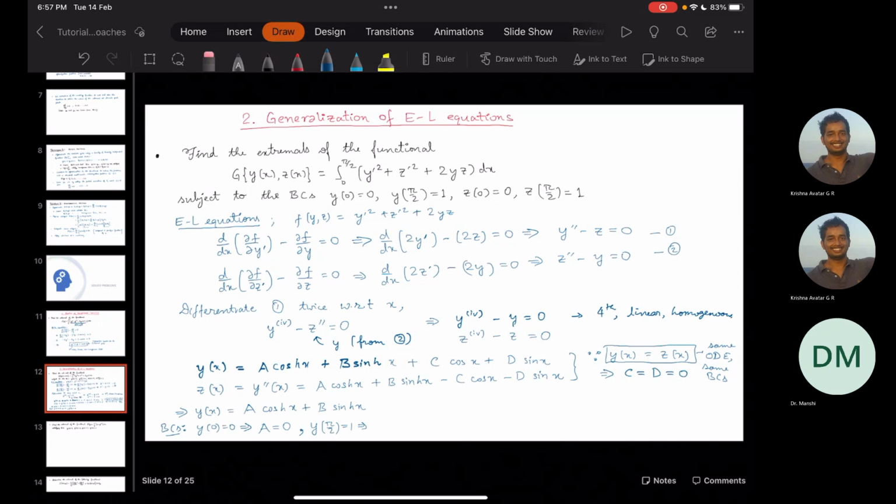So a is already 0, so nothing to worry about here. And this we have as b sine hyperbolic pi by 2 is equal to 1. So this implies that b is equal to 1 by sine hyperbolic pi by 2. So therefore, y of x is sine hyperbolic of x divided by sine hyperbolic of pi by 2. So this is our solution.